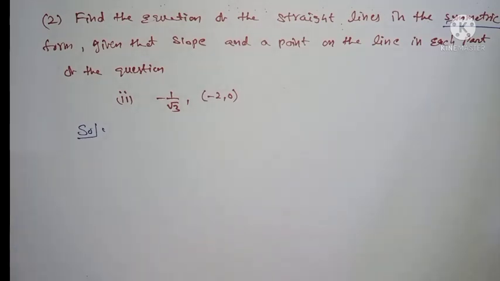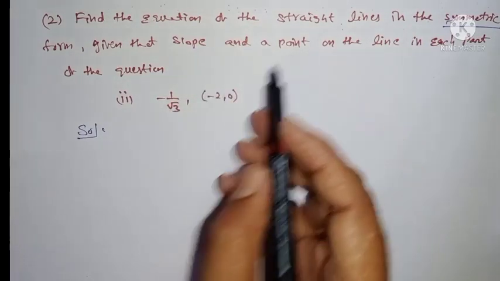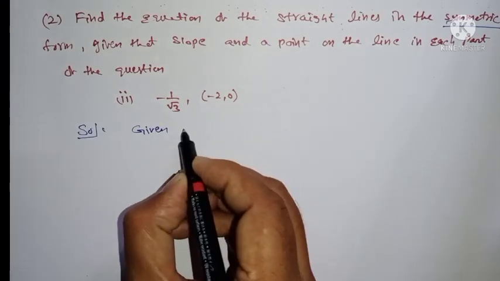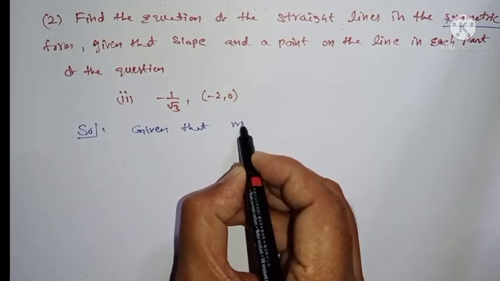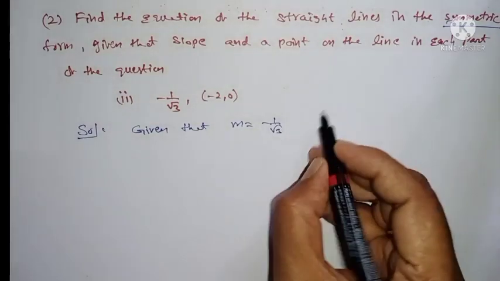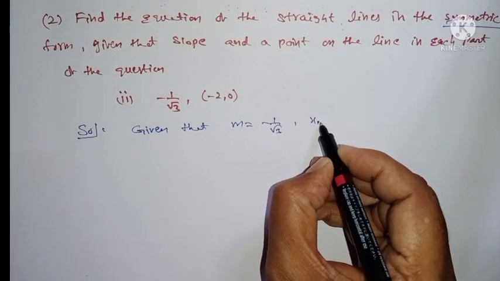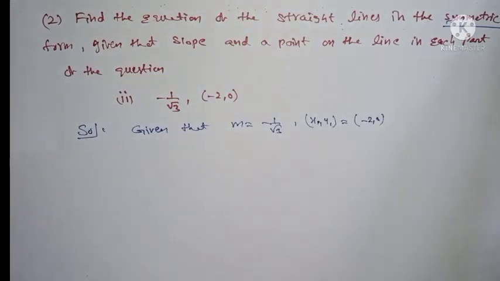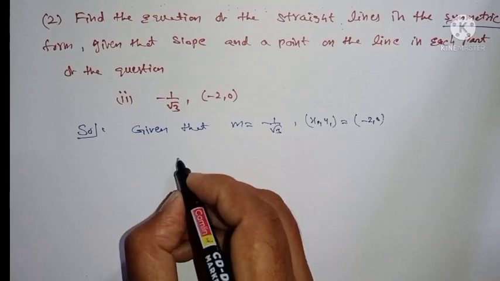The slope is given and a point is given. Therefore, the solution is as follows. Observe here. Given that m is equal to minus 4 by 3 and the point x1, y1 is equal to minus 2, 0. What is the symmetric form?